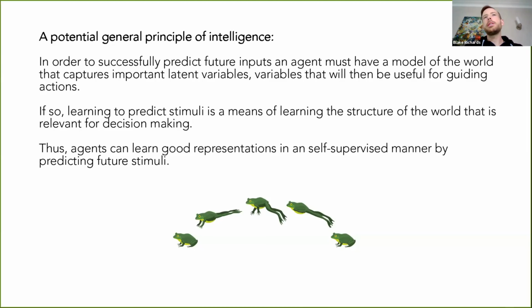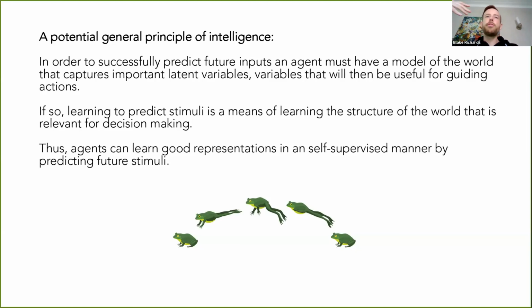The reason that this is a potentially general principle is that in order to predict the next set of stimuli that you're going to receive, really, arguably, you need to have an internal model of the world that captures the structure of the objects and how they move through the world effectively.